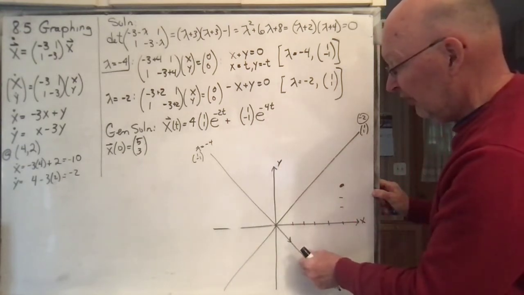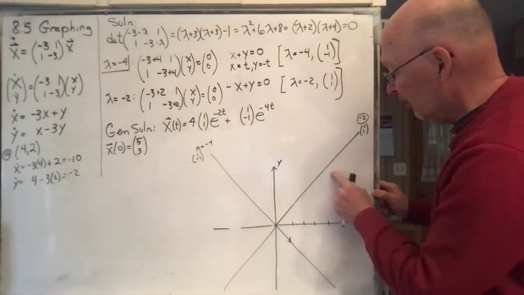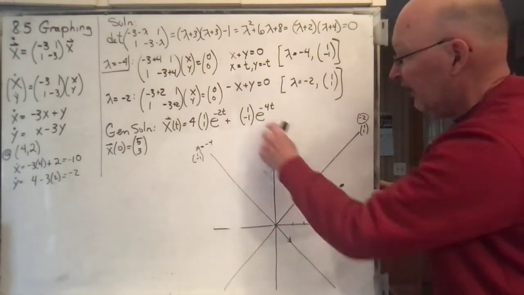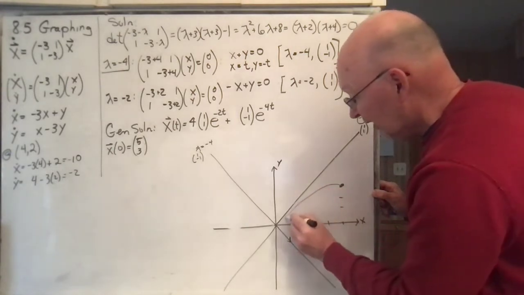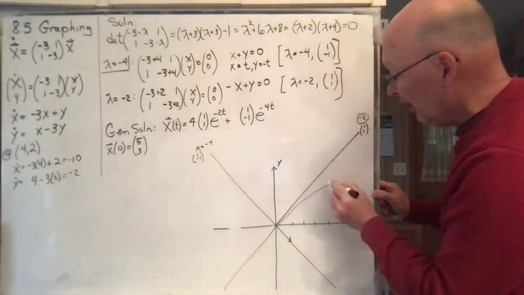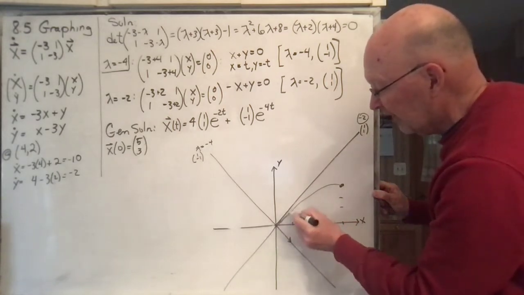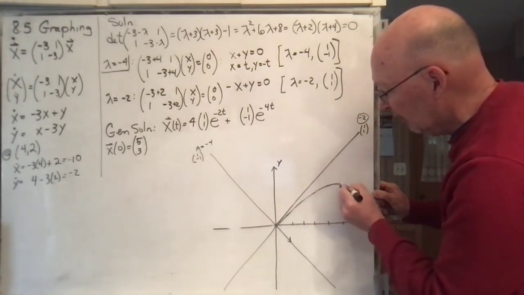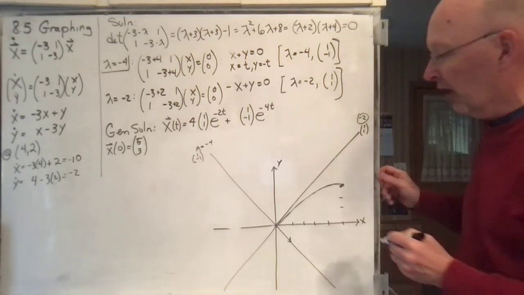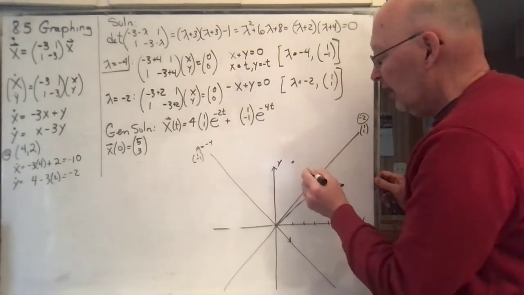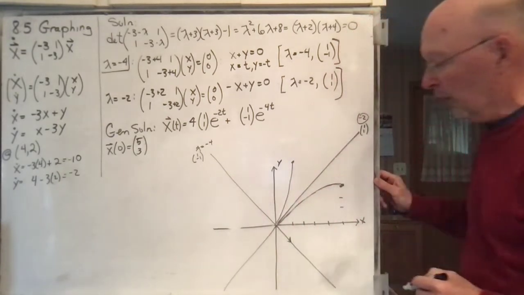This part here is going to become insignificant. That's this vector, and this part's going to be left. So it's going to be something like this. It's going to come in along this eigenvector right there. That's going to be true no matter where you are. If you start right here, it's going to come in along that one as well.